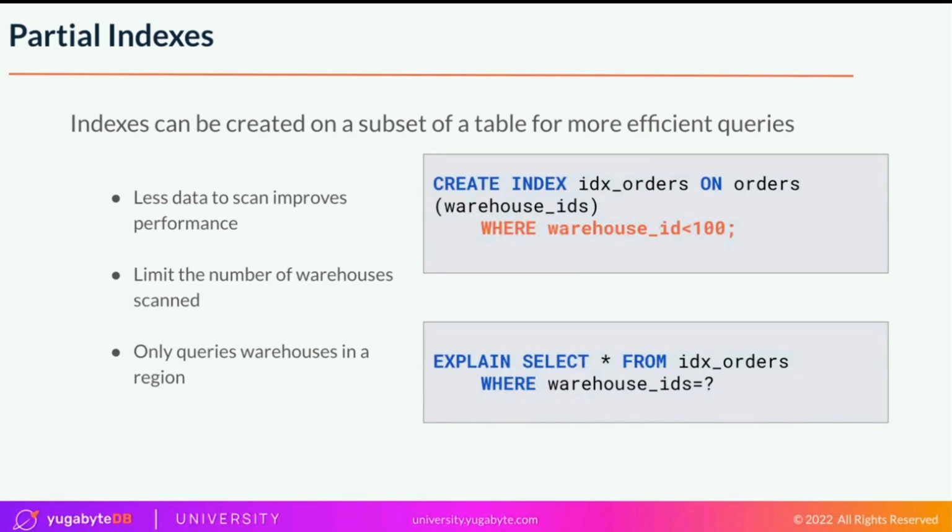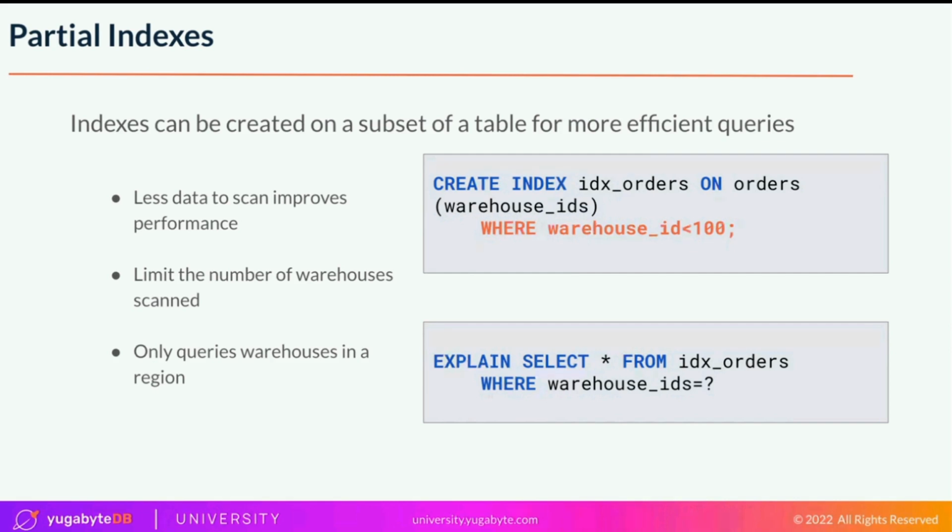So here we're talking about indexes that are created on a subset of a table for more efficient queries. We're reducing the number of rows that need to be scanned in order to satisfy the query. Less rows that need to be queried, less rows that need to be scanned. Obviously, that's going to increase your performance.